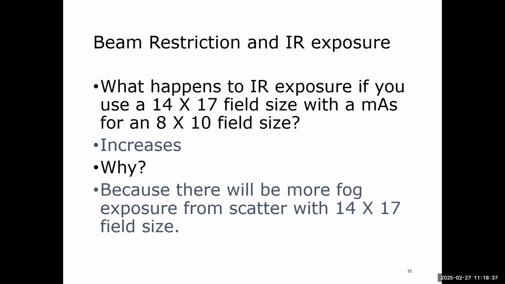And so there's going to be more chance of scatter on the image, which does contribute to receptor exposure. So if we did the opposite, if we go from a 14 by 17 down to an 8 by 10, then we have less matter, we'd have less scatter contributing to receptor exposure. So we'd have to increase our mass to compensate.